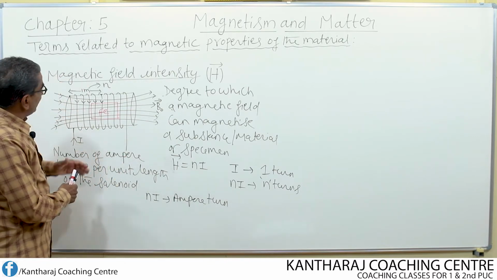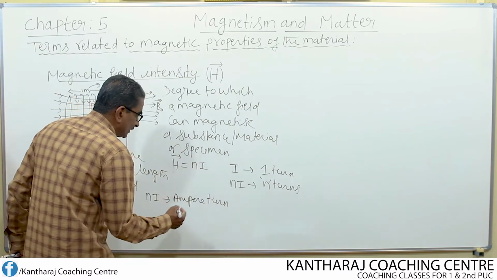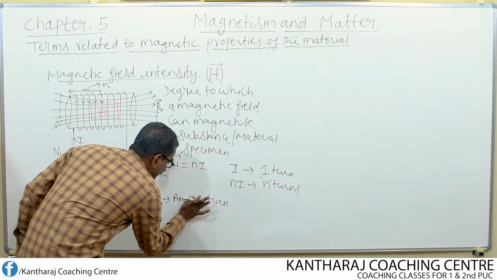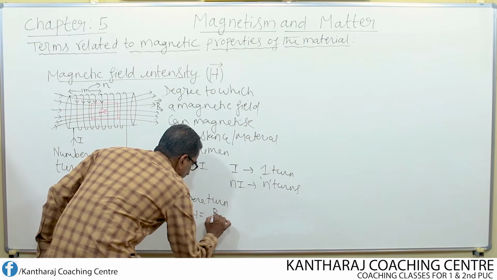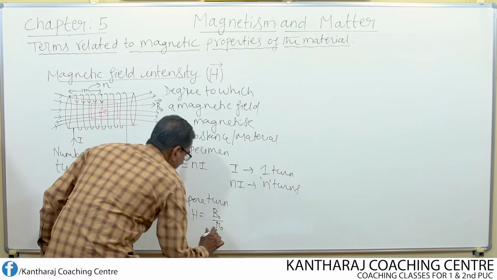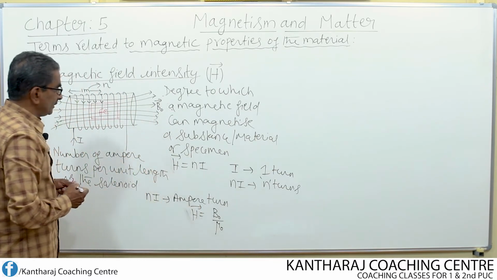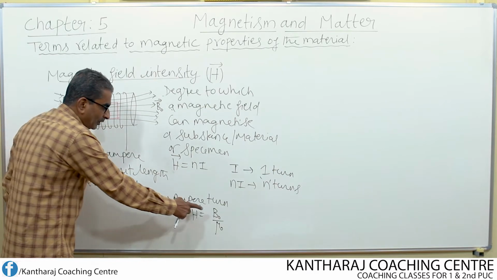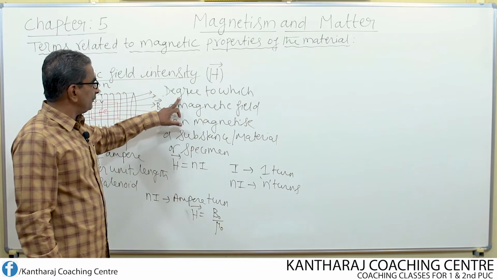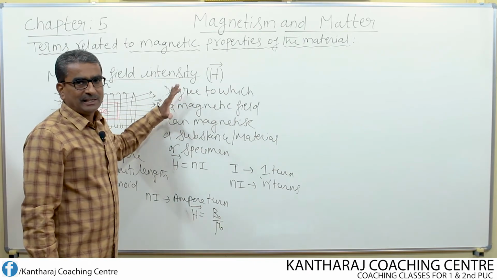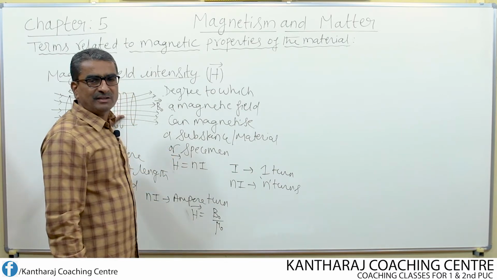So this is another way of defining the magnetic field intensity, and it is also given by one more equation, that is H equal to B naught divided by mu naught. So this is one more mathematical equation. There are two ways. Remember this, you should not get confused with respect to this word. Degree refers to quantity, or to what level, whether the specimen gets magnetized weakly or strongly.